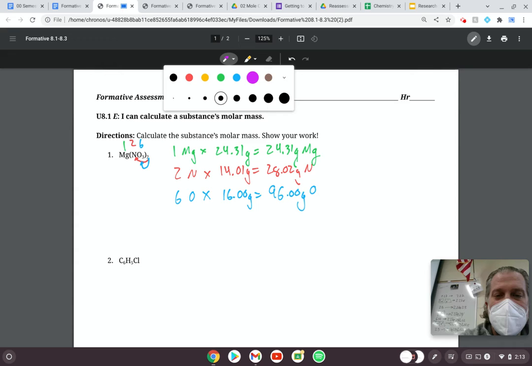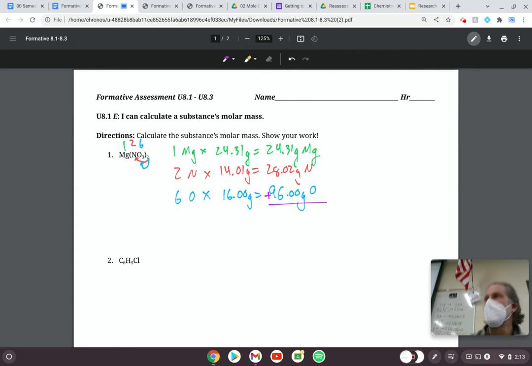And so when I add all of that together, the 24.31 plus the 28.02 plus the 96, I get something like, what is it, 124.02. Nope, that's not right at all because I put the wrong thing in.